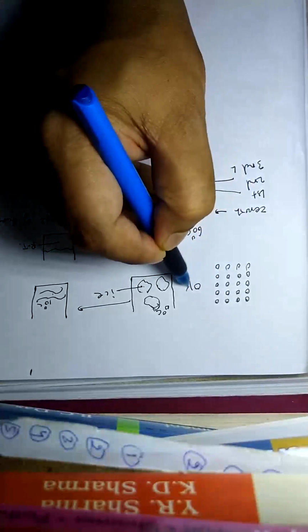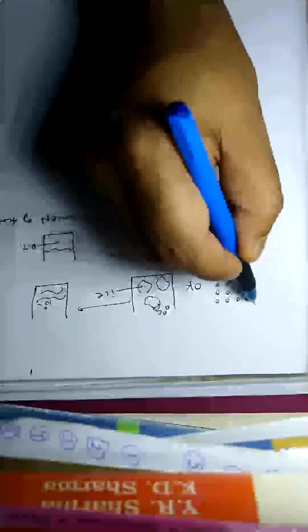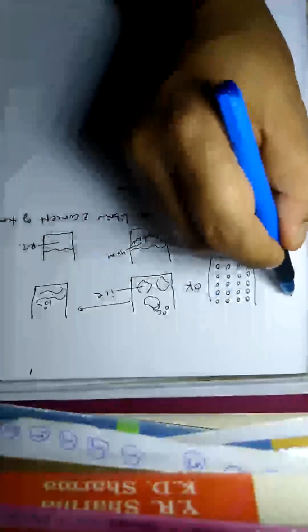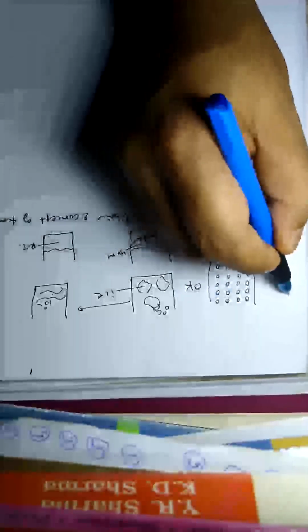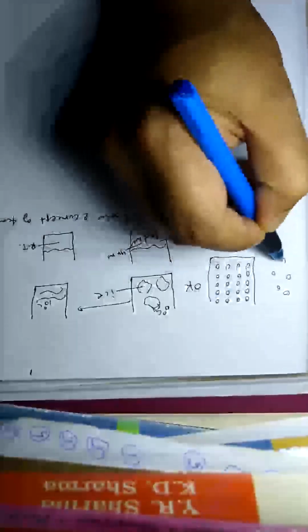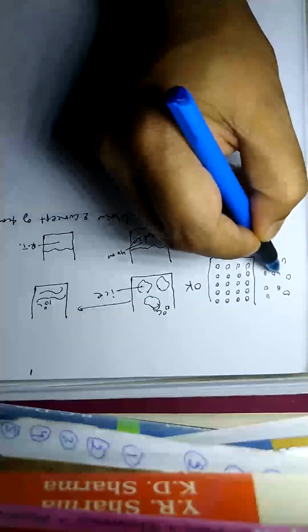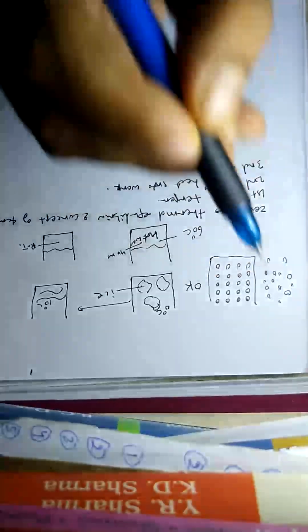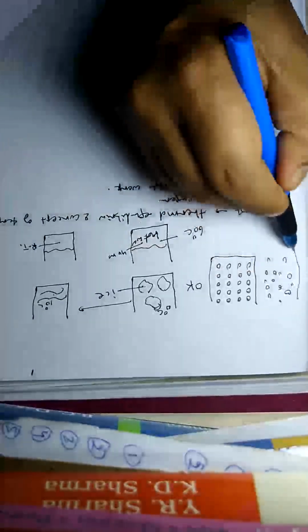But when the temperature increases, these atoms start to vibrate from their positions. The atoms vibrate and they are not in an ordered manner, they move here and there. This is called the increase of entropy. Entropy means the amount of disorderliness in a system.